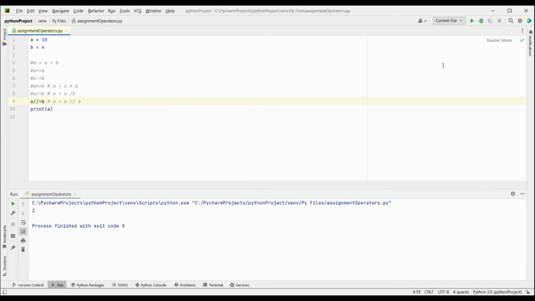To have more clarity on the output, as the quotient and remainder are both the same, changing the value of A to 11. Now the quotient will be 2 and the remainder will be 3. When executed, it prints the value as 2.